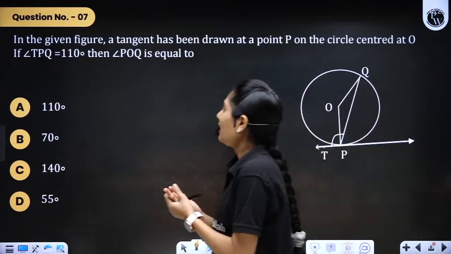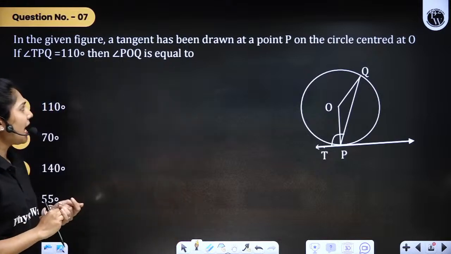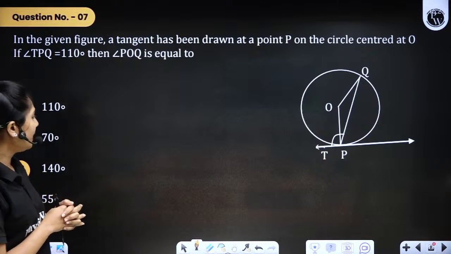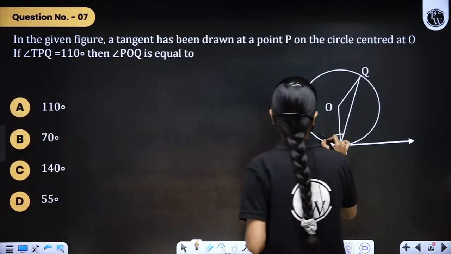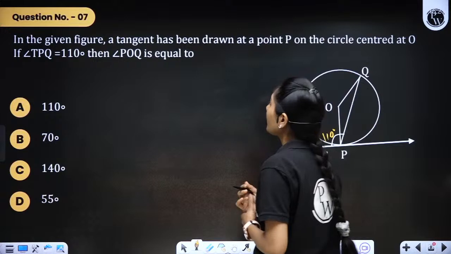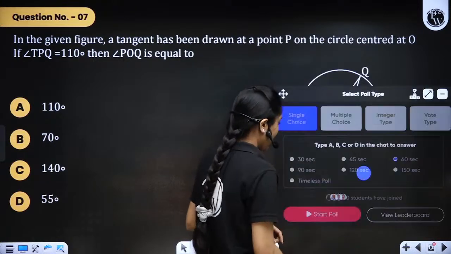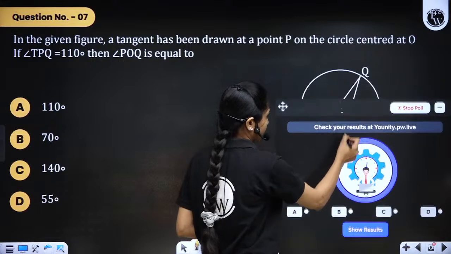Next is, if in the given figure a tangent has been drawn at a point on a circle centered at O, if angle TPQ is 110 degree, then what's the value of angle POQ?